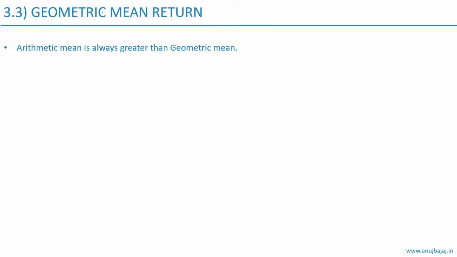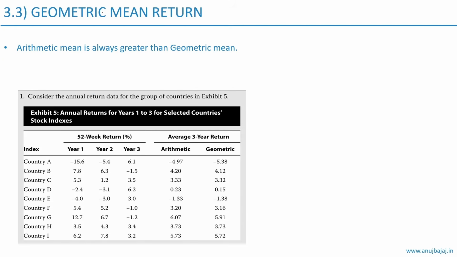Arithmetic mean is always greater than the geometric mean. In this example, we are given country A to country I's return for a 3-year period, and their arithmetic mean return and geometric mean return is also given.